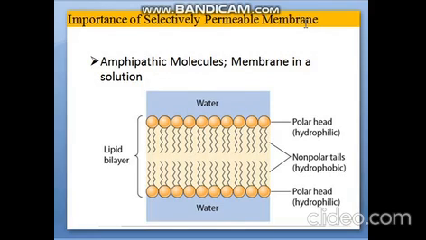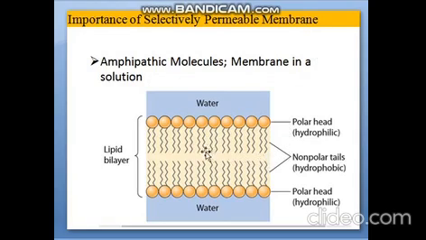Both these layers are hydrophilic because the outside environment is aqueous and the inside environment is aqueous. Because of this aqueous environment, these two portions of the cell membrane are polar and water loving. So which part of the cell membrane is water hating?